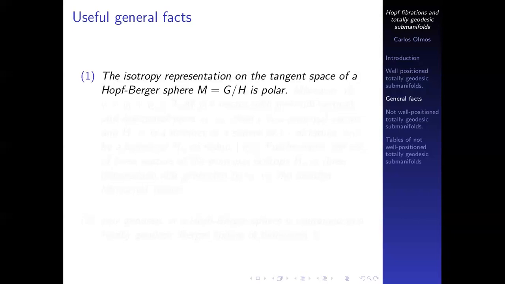So the first, the isotropy representation of the tangent space of the Hopf-Berger sphere. We call G, the G would be the K here. G would be K that acts transitively on the geodesic sphere.